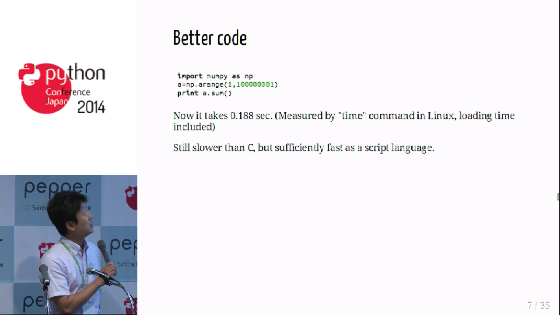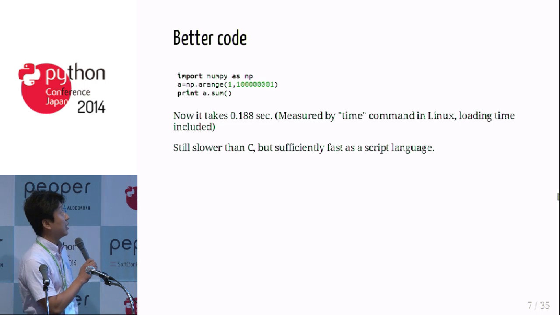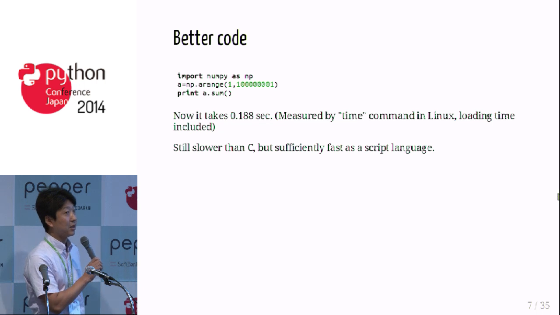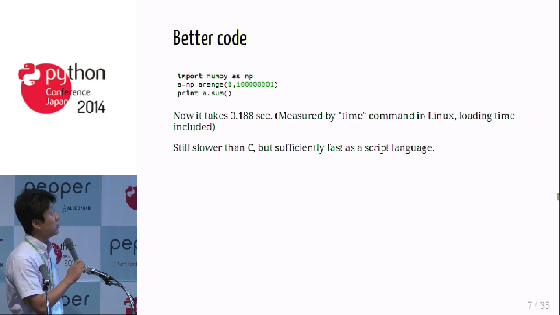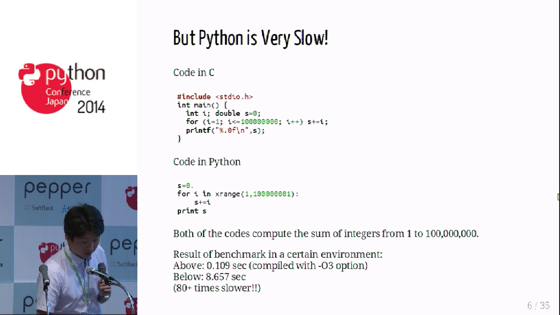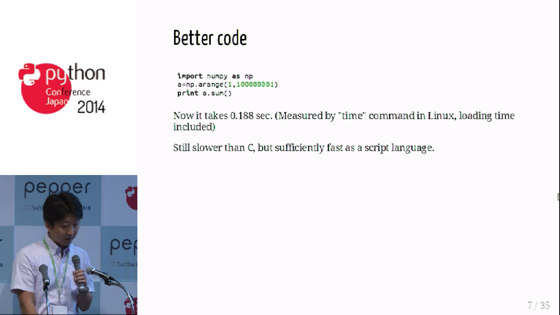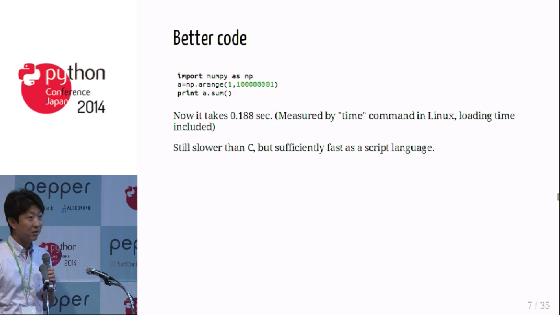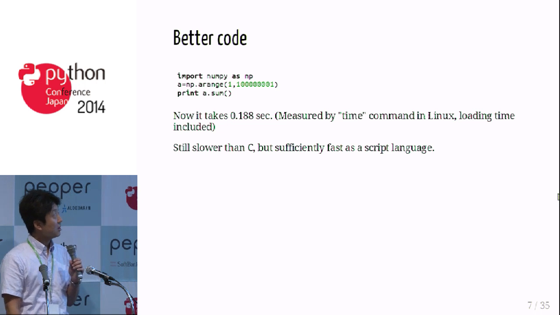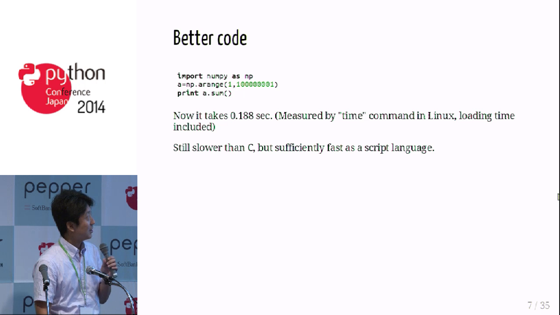You should use arange of NumPy. It generates the sequence from 1 to 100 million. If you use it, it's very fast. Still slower than C, which takes about 0.10, but I think this is not so bad. If you say this is still very slow, you should use C. But I think this is good.